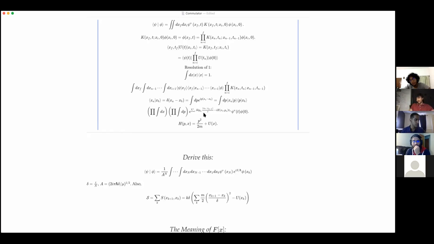Normally when you do the Legendre transform, P is P of t and Q is Q of t. Whereas here, Q of t is really a string, Q_F, Q_F minus 1, all the way down to Q_I. This entire string becomes Q of t when you take the delta goes to 0 limit.